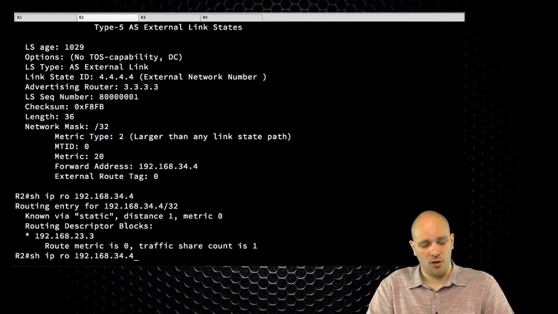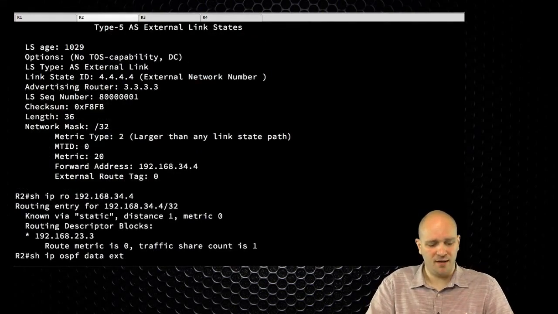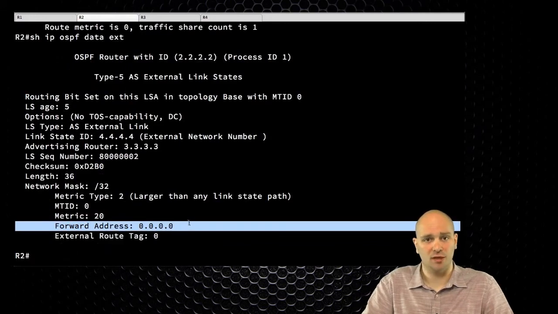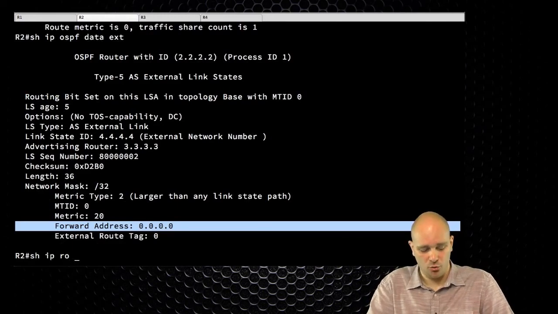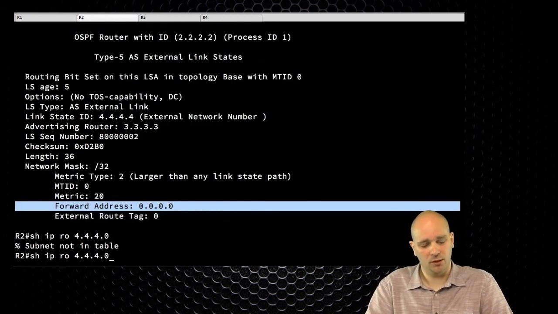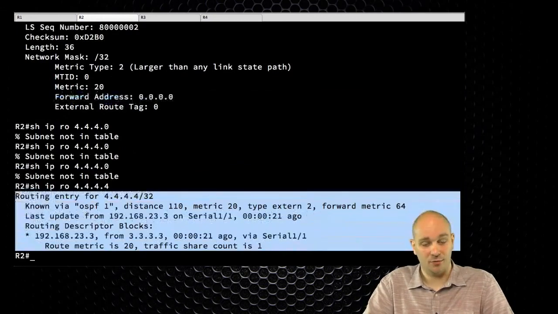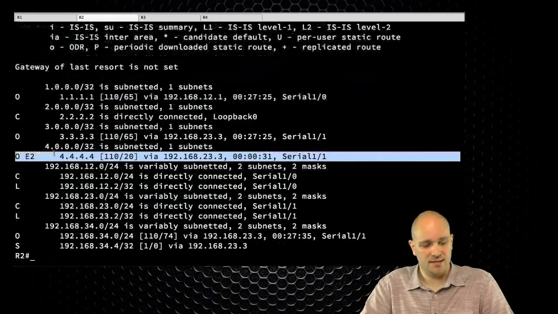Now, if I go back to R2 and take a look at the database, I will see that the forward address is not present in the LSA, which means that on R2, 4.4.4.4/32, I thought it was a /24 route, is now in the routing table. If I do show ip route, I can see it here.